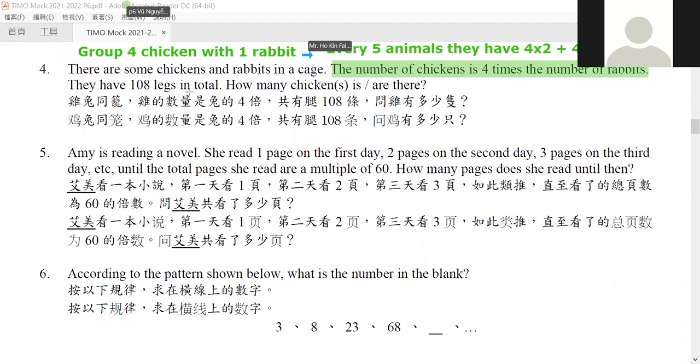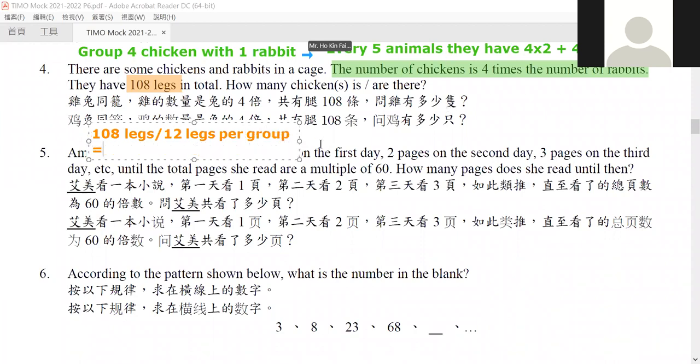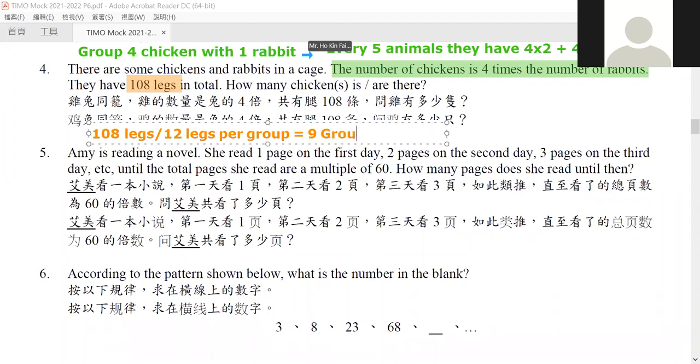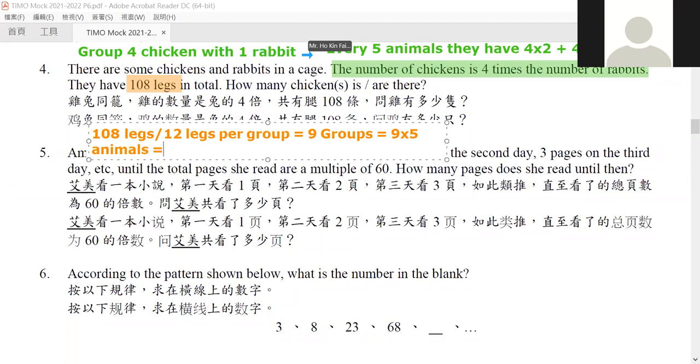It has 108 legs. So 108, how many groups are there? 108 legs means that if we divide it by 12 legs per group, it means it will have exactly 9 groups. But what is the meaning of 9 groups? It means it will have 9 times 5 animals, or in other words, 45 animals.